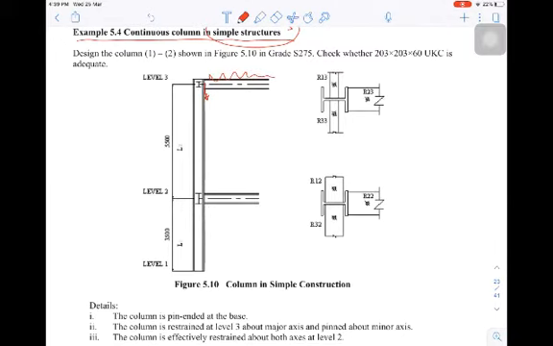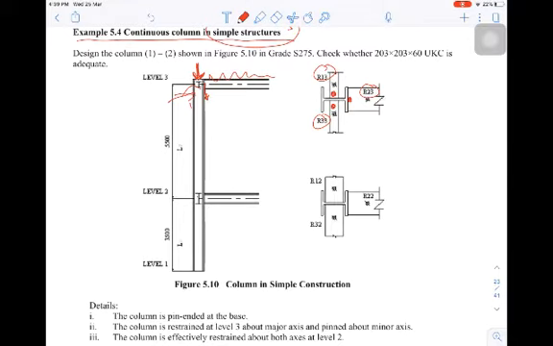So there are 3 beams connected to the top of this column: beam 2, 3, this particular beam here, beam 1, 3, and also beam 3, 3. So there is a reaction here, a reaction here, and a reaction here, and the total of those would be considered the axial load subjected to this top column.